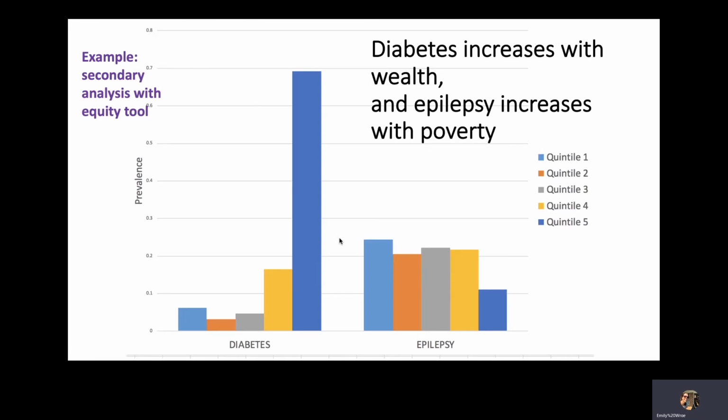Here is a practical example of something we did with wealth quintiles, using the Malawi equity tool. We took the STEP survey and said, okay, diabetes has a certain prevalence across the population, but how does that look from the poorest to the wealthiest? And the same with epilepsy.